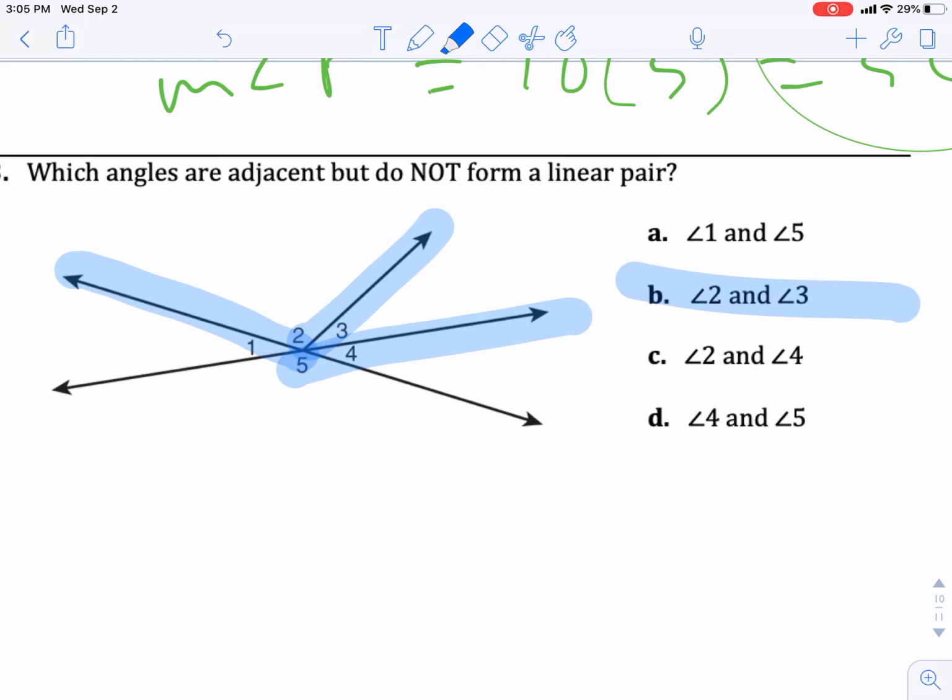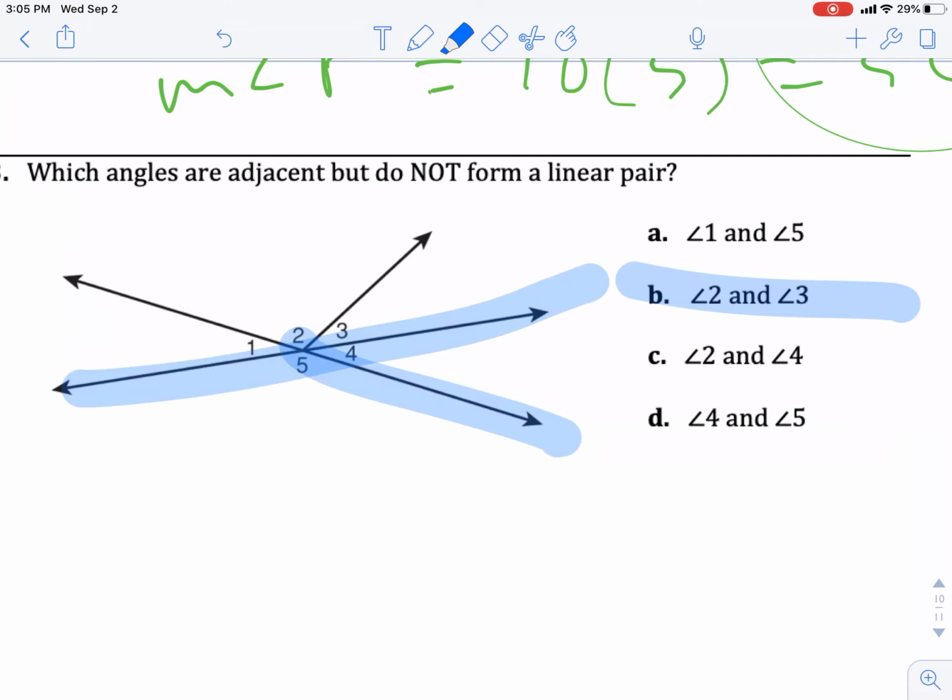So it is letter B. 2 and 4 are not even adjacent because they don't share a common side of their angles. So that can't be that. And then D, 4 and 5, same thing as number 1. They are adjacent, but they also form a linear pair. So it wouldn't be that.